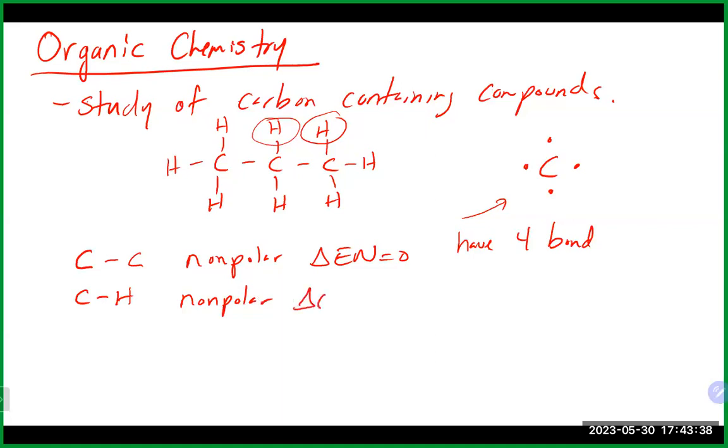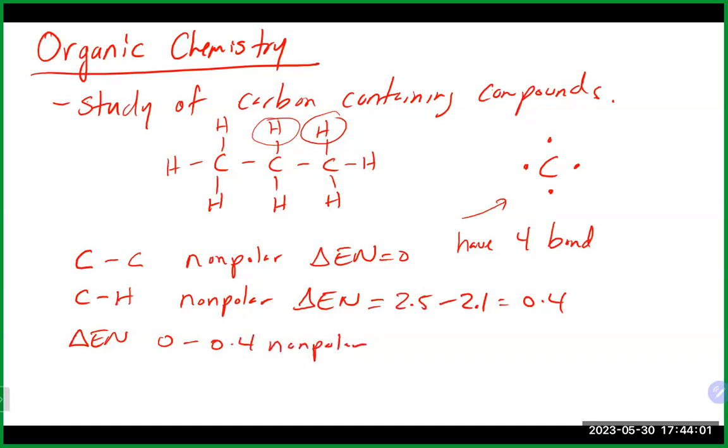If you do the difference in electronegativity values, carbon is 2.5 and hydrogen is 2.1, a 0.4 difference. If you remember from your lectures on Lewis structures and bonding, a difference of 0 to 0.4 is considered nonpolar, equal sharing of electrons, with no positive or negative sign to that bond.